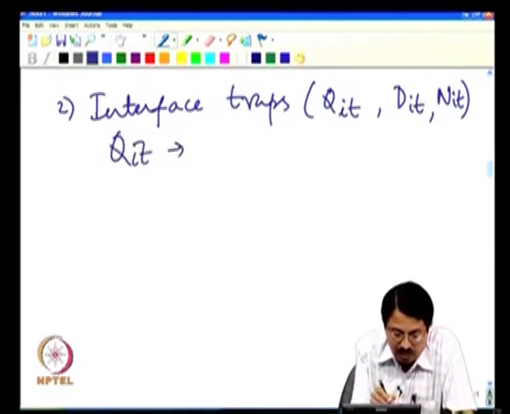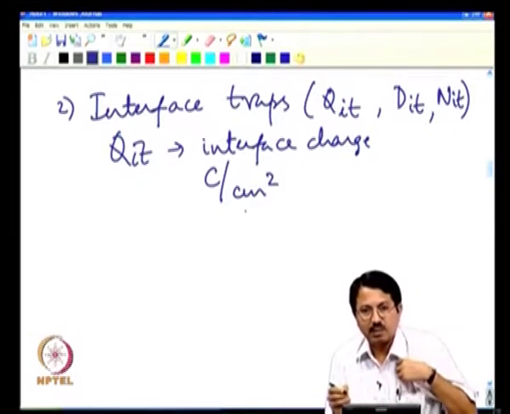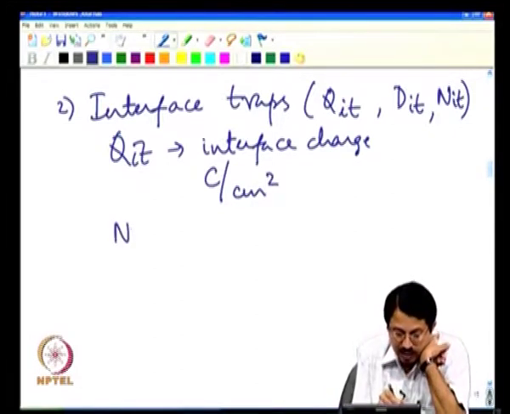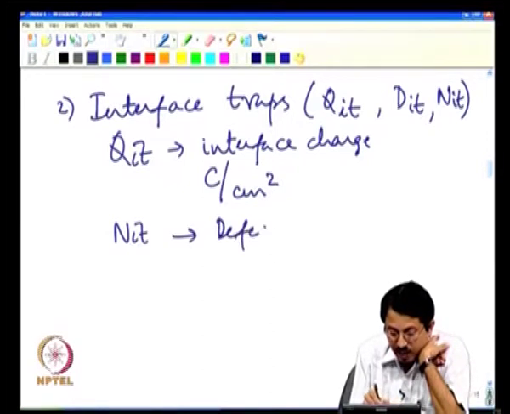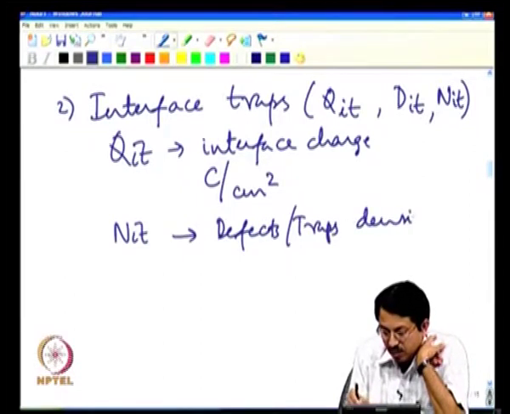QIT essentially means interface charge. In other words, I am saying coulomb per centimeter square, so much charge is available. NIT means defects or traps density. This is charge density.